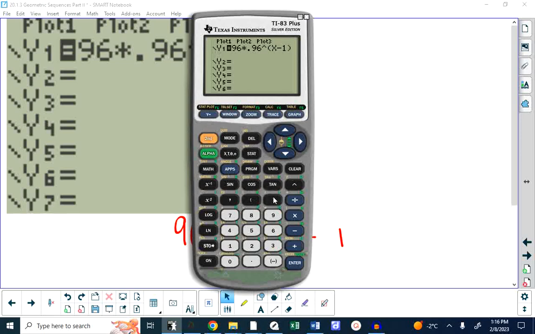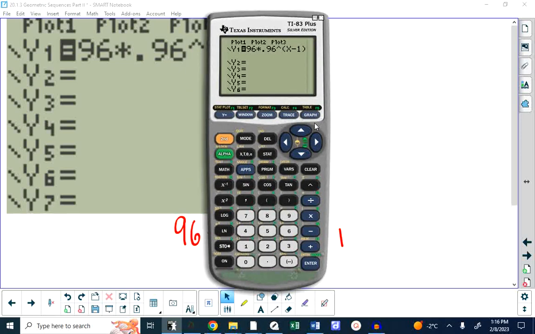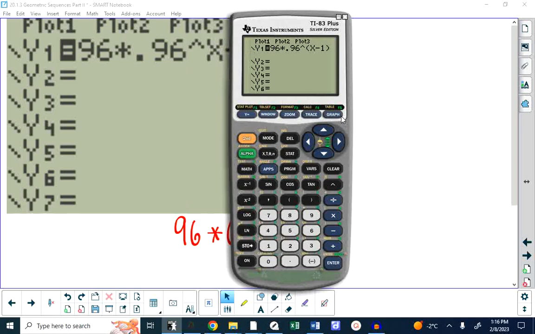All right. Now, again, we're not going to graph it. We want to go to our table, but the table can be set up in a number of different ways, and I've been working with my table in other classes for other things.